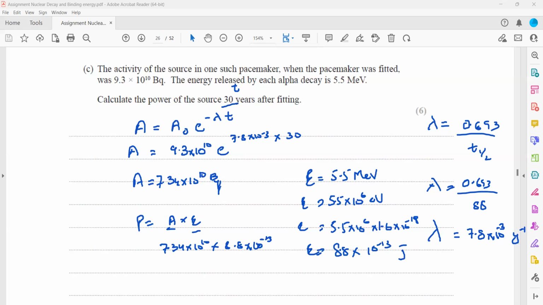When we multiply, this gives us the final power, which is about 0.0664 watts. Is this part clear?